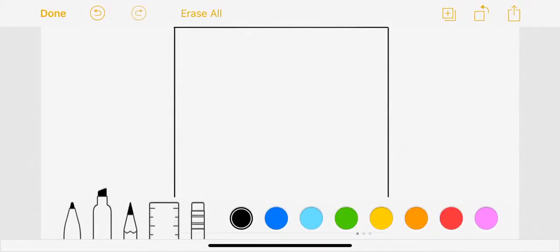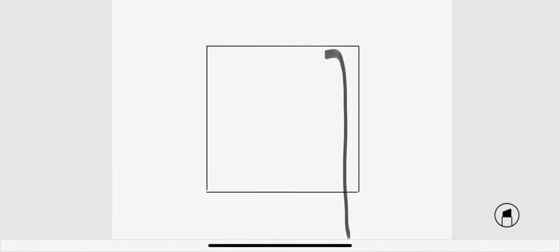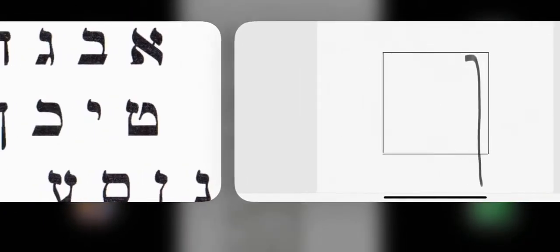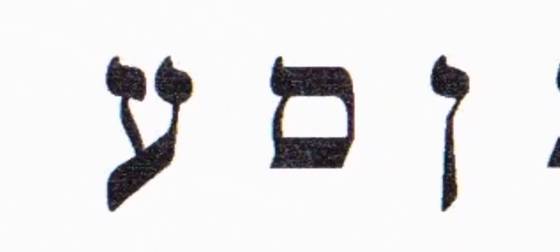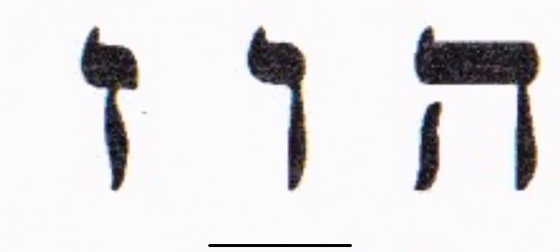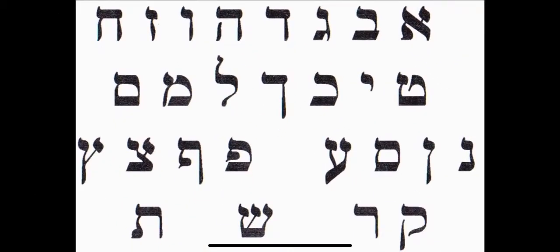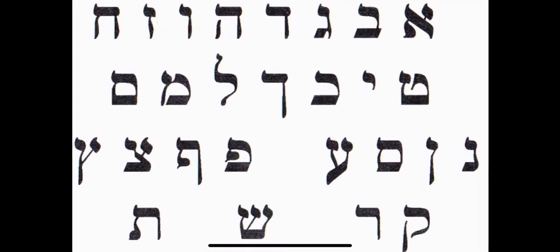Next is the final na, which, if you're looking at the imaginary box, you just bring it past that box. This one looks a lot like the wa, but we have to remember all of these letters are kept in an imaginary square box, except the final forms.